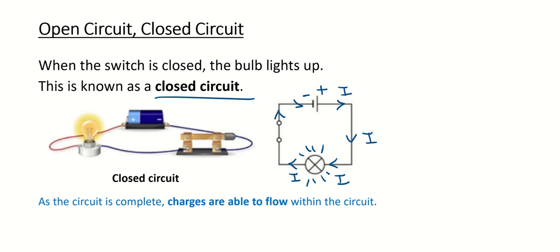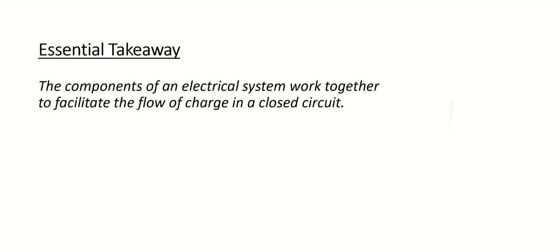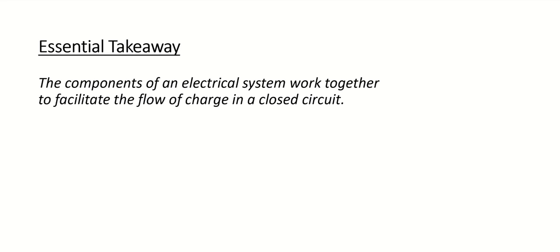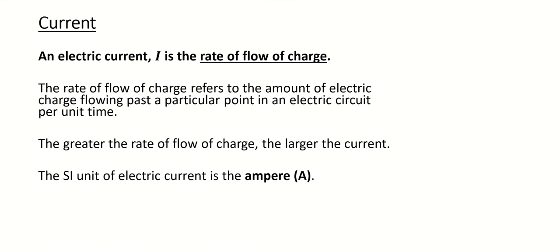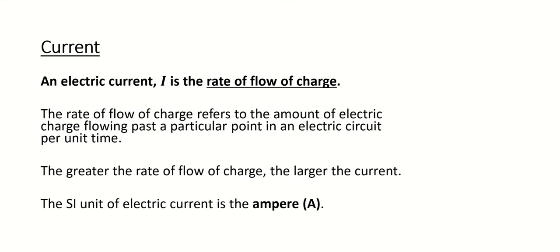The current will not be used up. After it has given energy to the light bulb, the current will still continue moving back, so it can get more energy from the cell and continue this process. So essential takeaway is that the components of an electrical system work together to allow the flow of charge in a closed circuit.